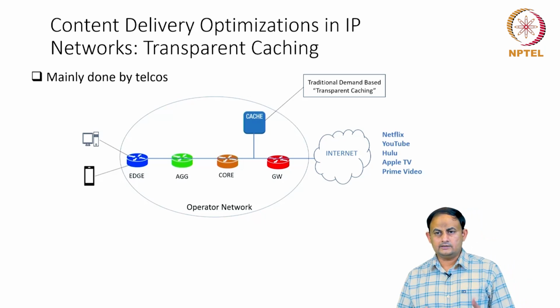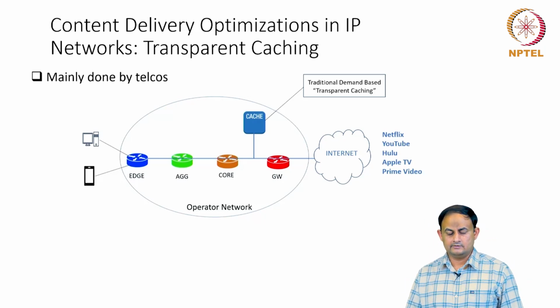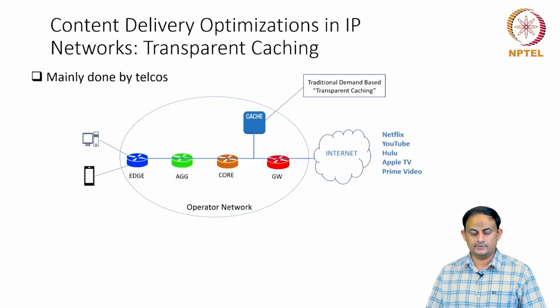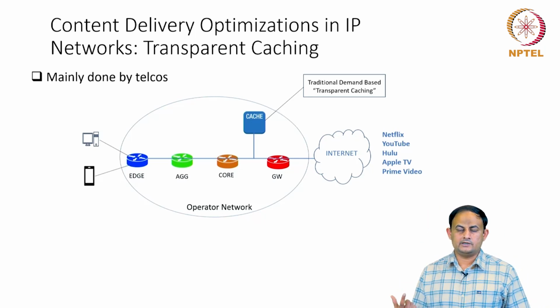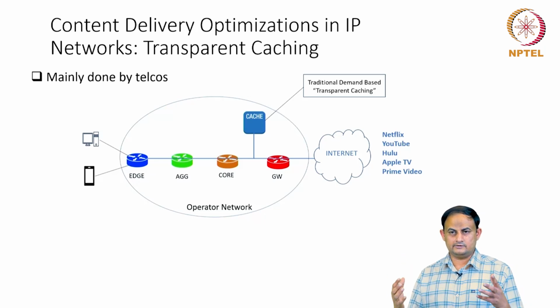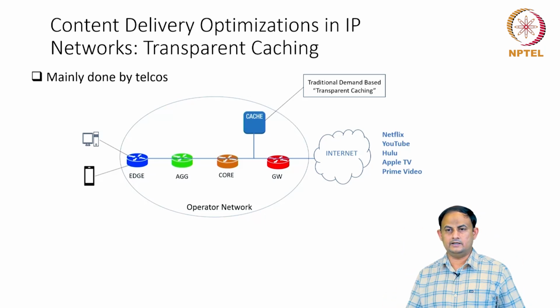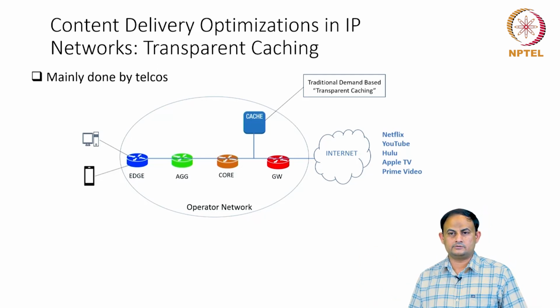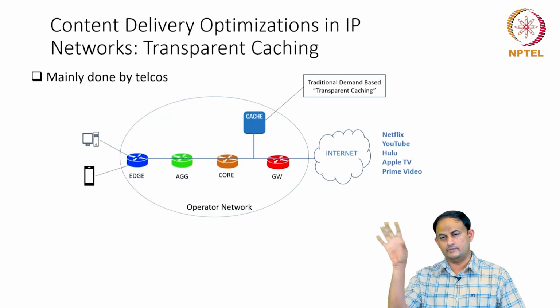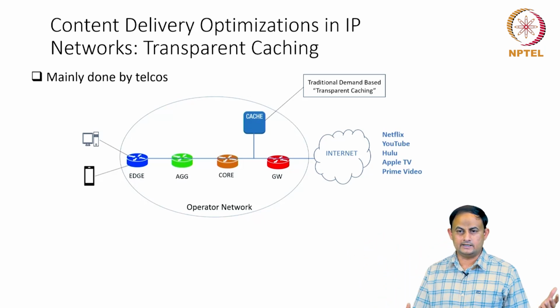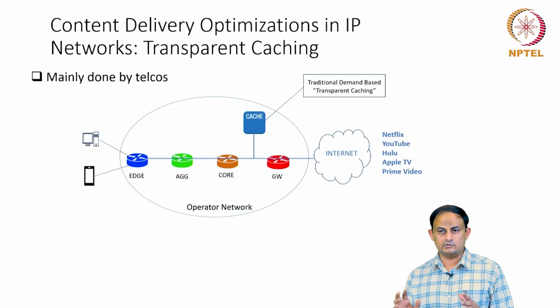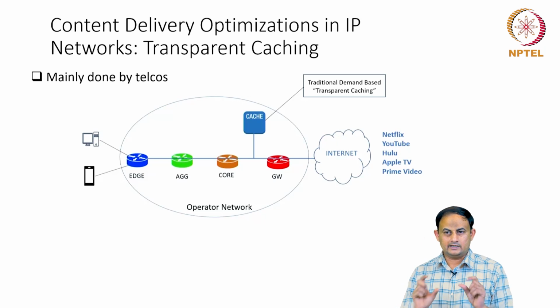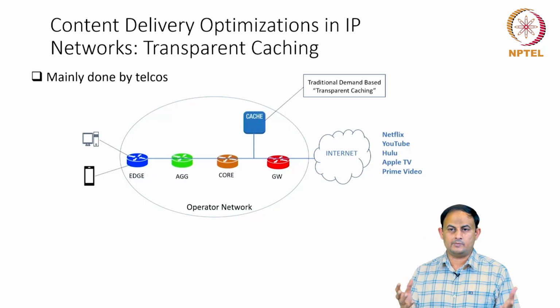And in addition to that, sometimes the telecom companies also estimate what content is currently popular in the network. Let's say there is a cricket match going on today, or the match has ended and there is a particular portion of that game which is very exciting, and somebody has hit 6 sixes in an over, or somebody has taken a hat trick, 3 wickets in 3 balls, and clippings of those videos can become quite popular.